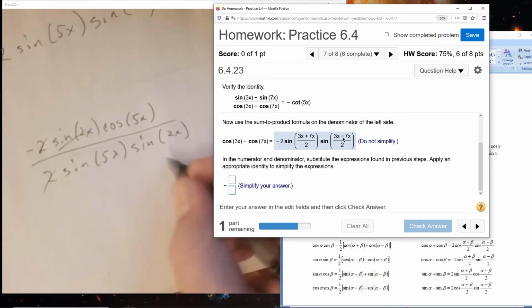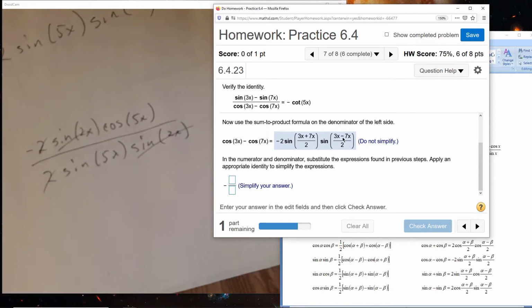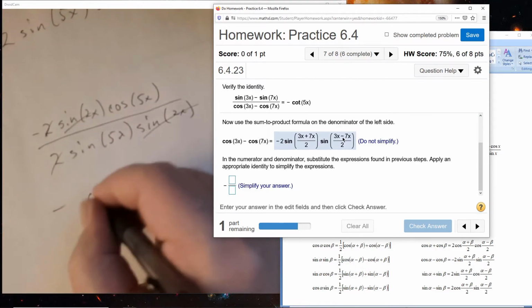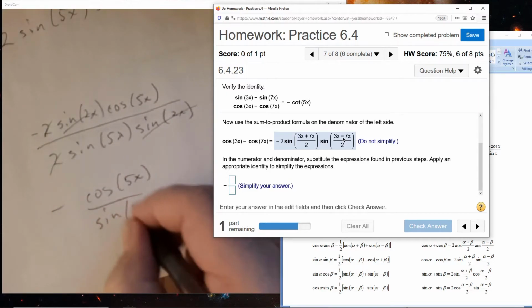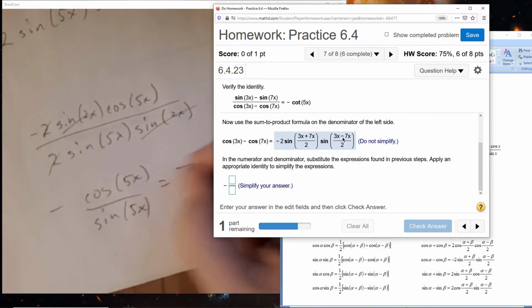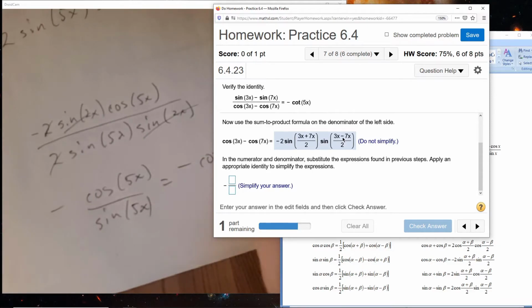The signs will divide out. And we're left with minus cosine 5x over sine 5x, which is otherwise known as cotangent. So that all cleaned up pretty nicely.